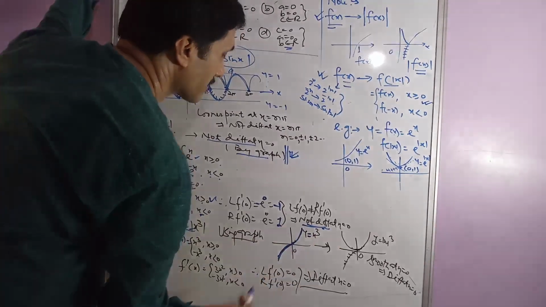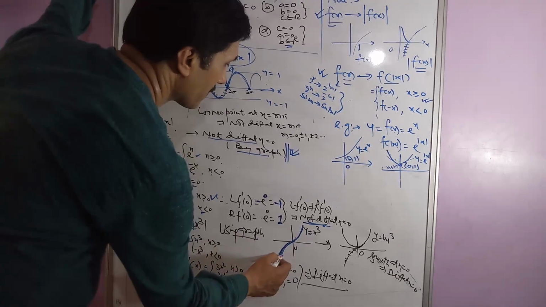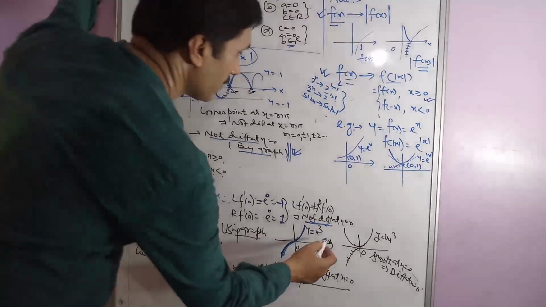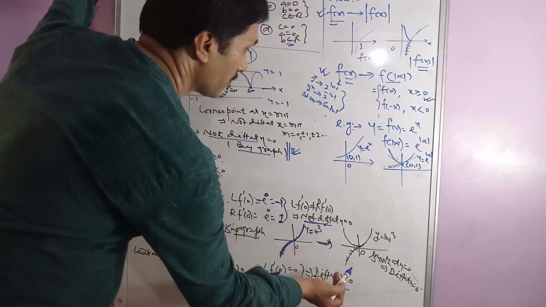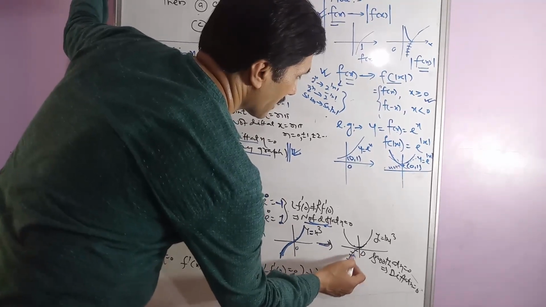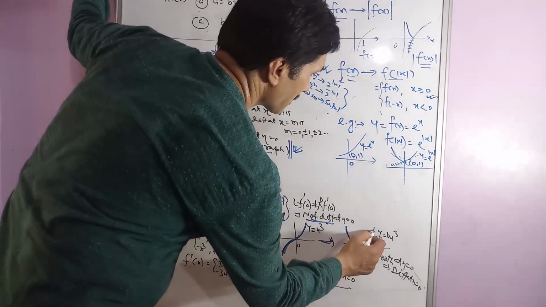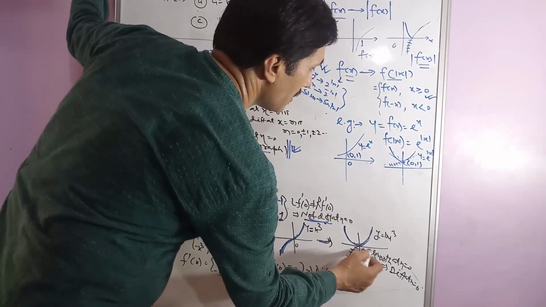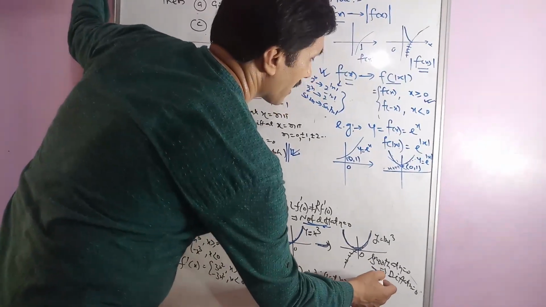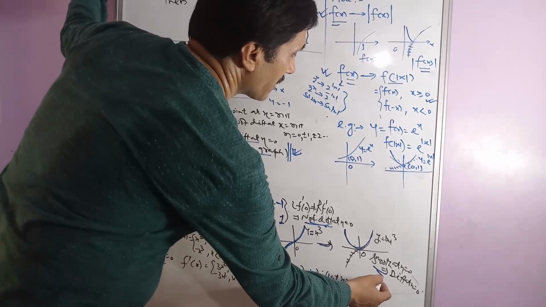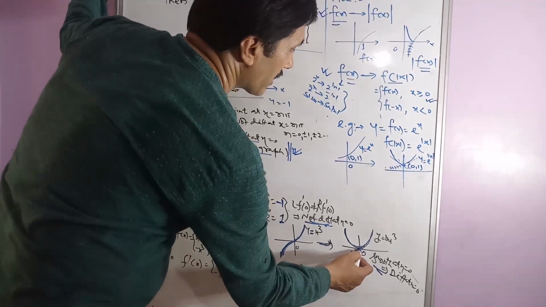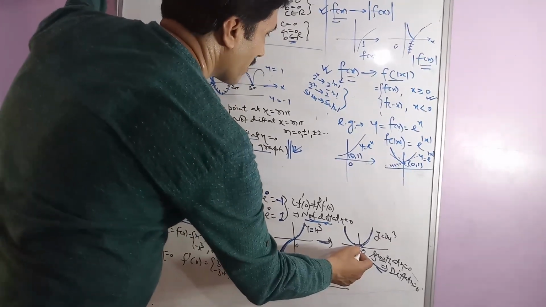Here y = x^3, this is the curve. If we shift to |x^3|, we remove this portion and take its image about the x-axis. Here the curve is this, the curve is smooth at 0, so differentiable at x = 0. So graphically we conclude that |x|^3 is differentiable at x = 0.